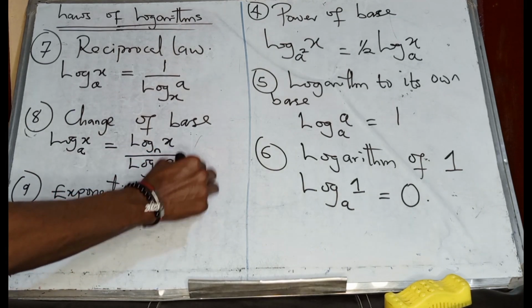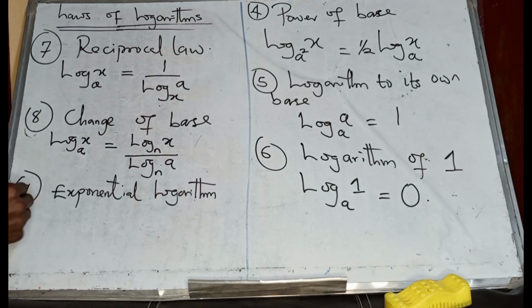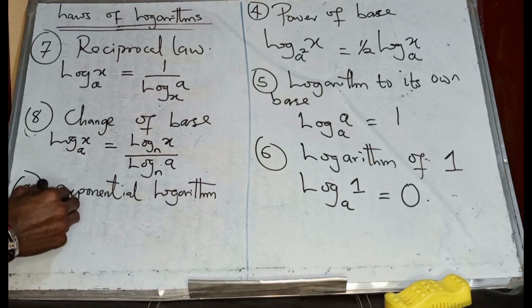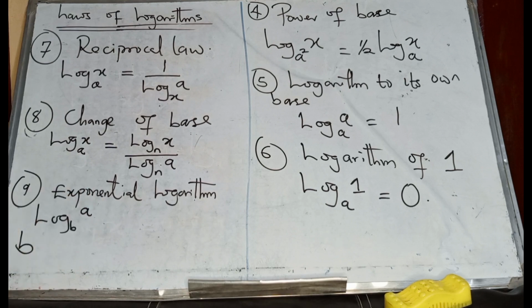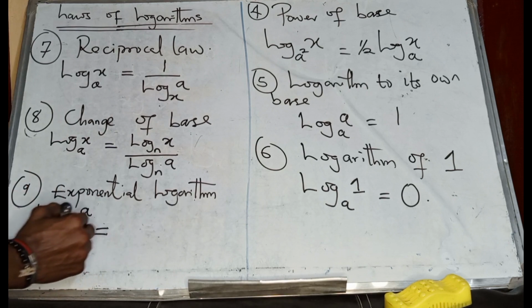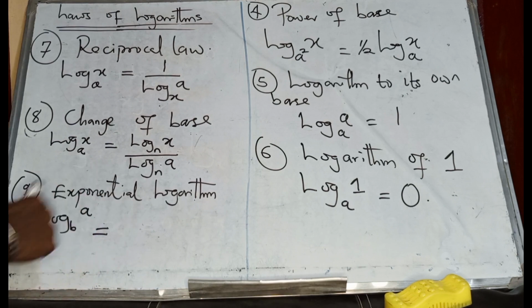For instance, if I have something like b power log a to the base of b, b raised to the power of log a to the base of b, according to the logarithm of exponential function, this a will have to come here.